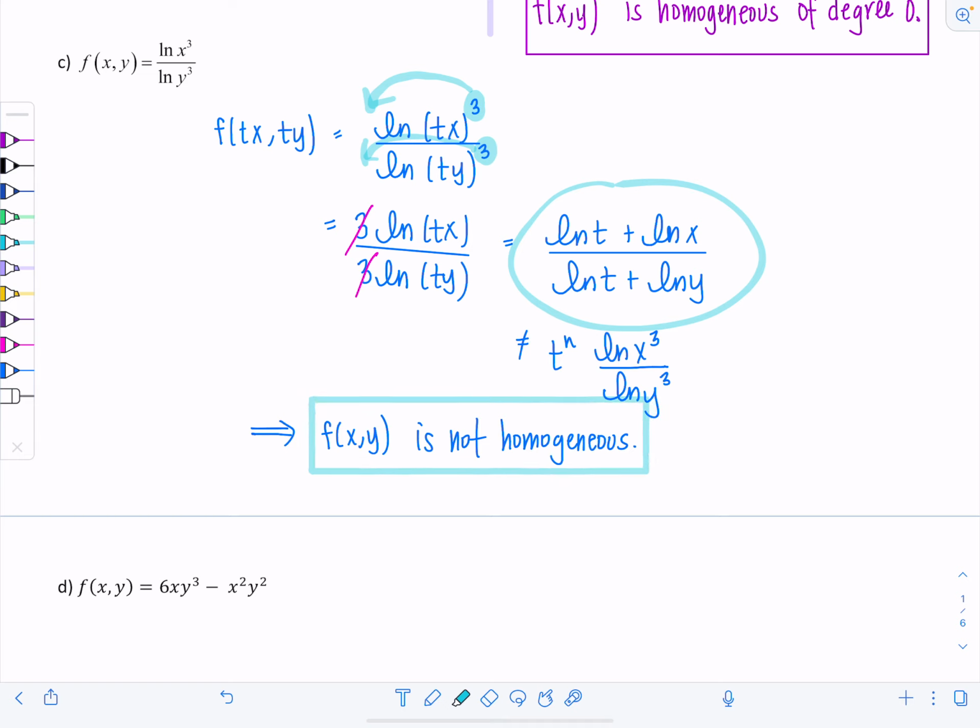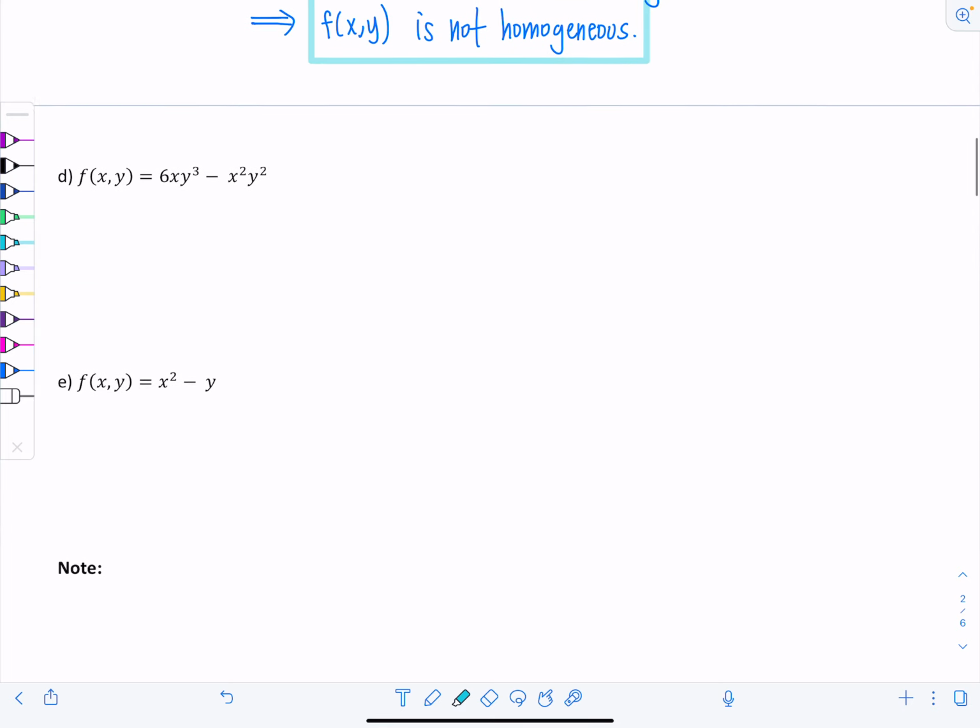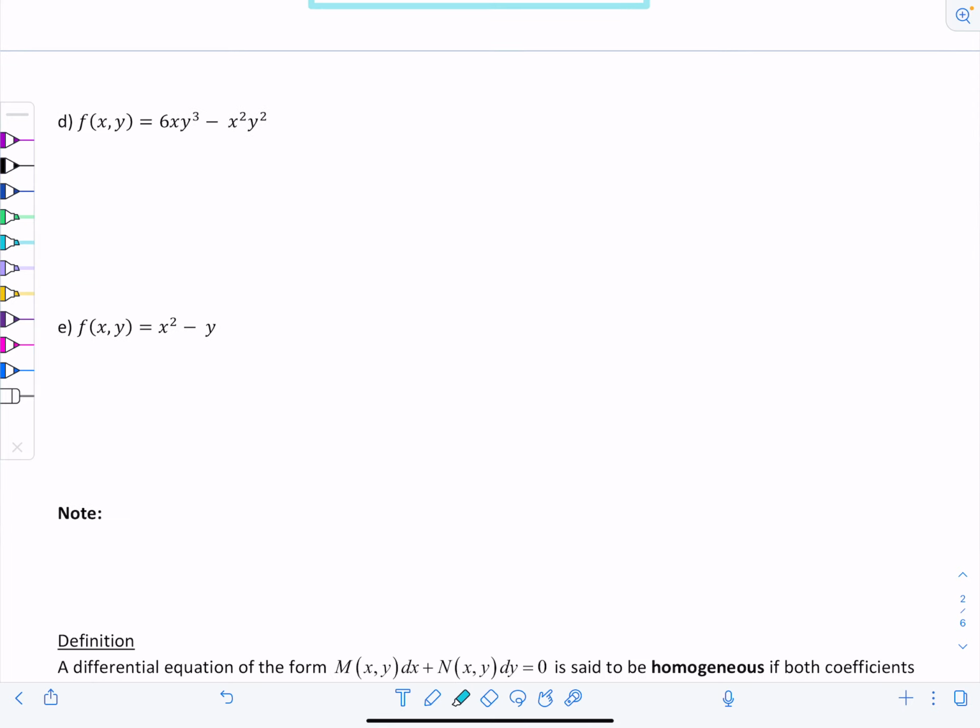Good. Now, in some more basic cases, if the function isn't too complicated, you can test another way by figuring out the degree of each term, which I wanted to show you here. So example D, we have f of xy equals 6xy cubed minus x squared y squared. So I want to figure out what the degree of each term is.